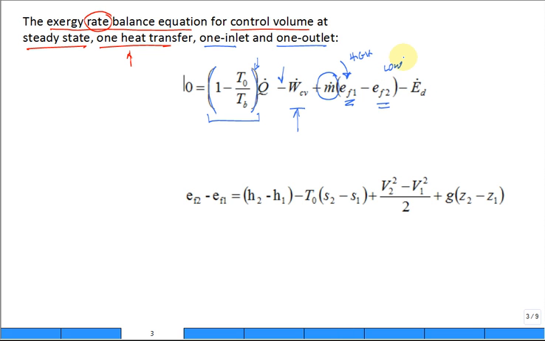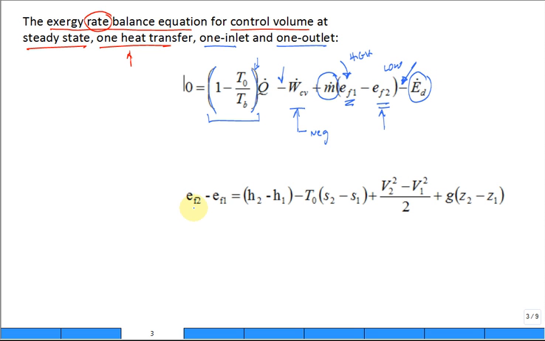Out at state 2, the flow exergy will be lower. If it's a compressor, then this is a negative entity, not a positive entity. The power is going into the compressor, and the flow exergy increases. We also have an out, or a loss of exergy, because it can be destroyed.